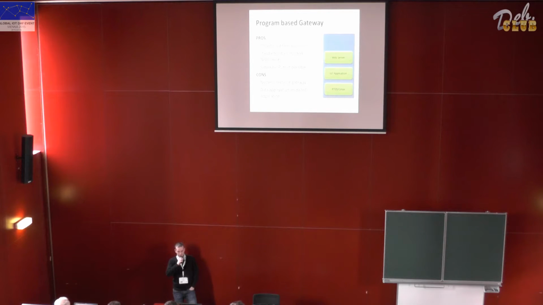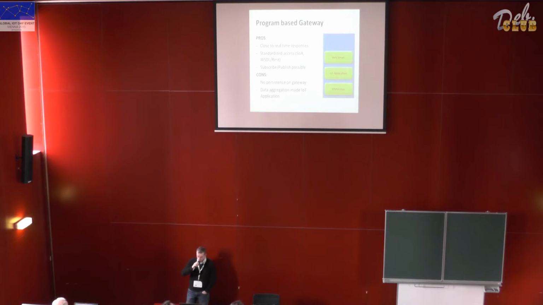The second kind of gateway is the program-based gateway. A program-based gateway is also a real-time operating system or Linux, which is running on a device where the IoT application is running, which is sending the data into the presentation layer. The advantage is that we can achieve close to real-time responses. We can integrate such web services via service-oriented architecture.